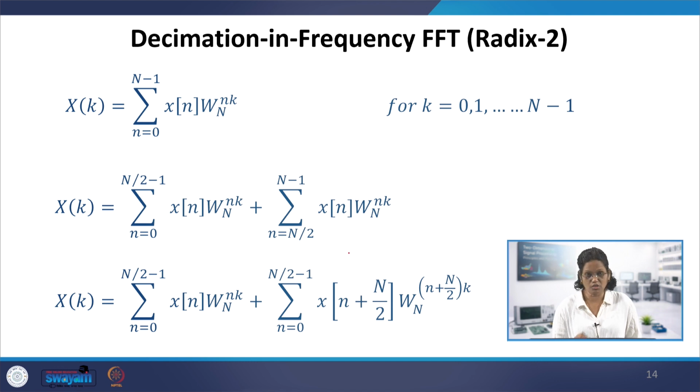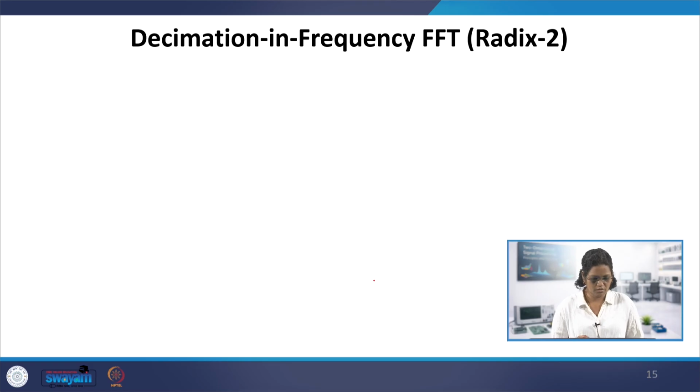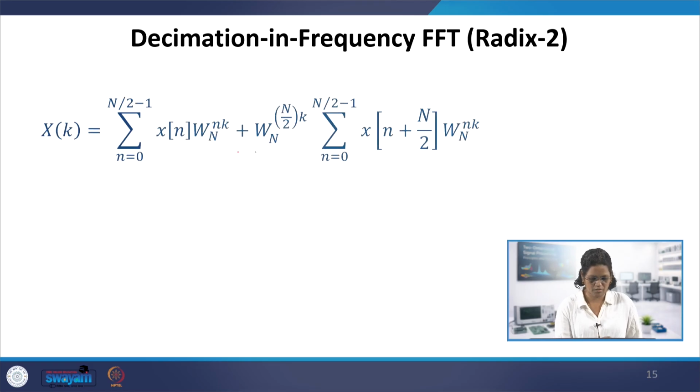So this can be written in this fashion, where n is replaced with n plus n by 2 here. Now this is the x of k equation. Simplifying the twiddle factor, wn n by 2 k is e power minus j 2 pi by n into k into n by 2.